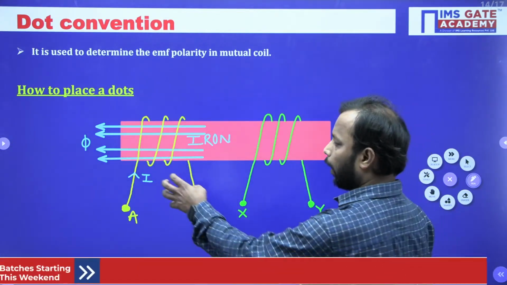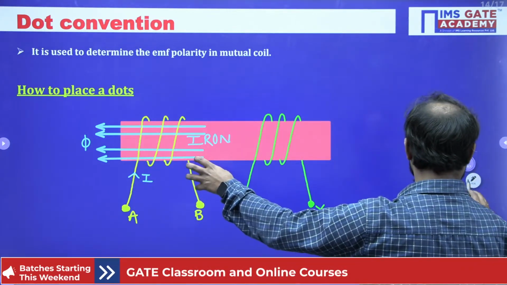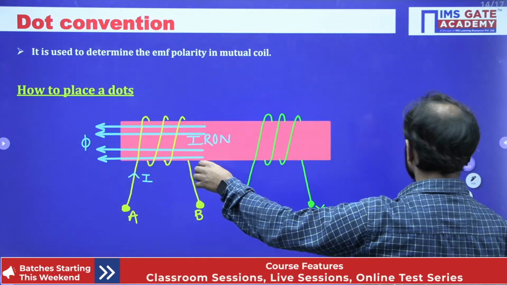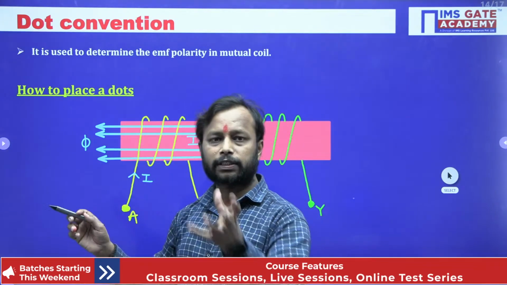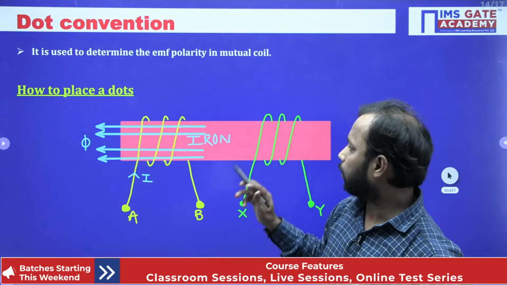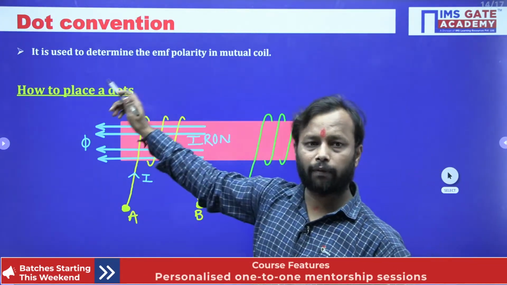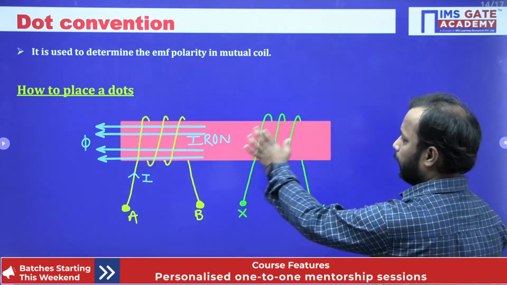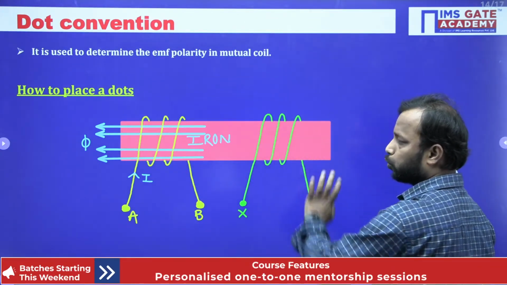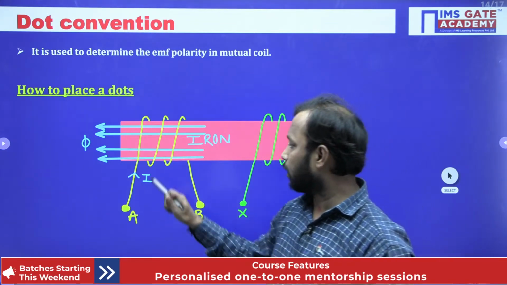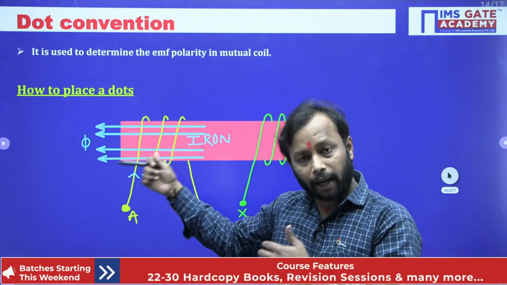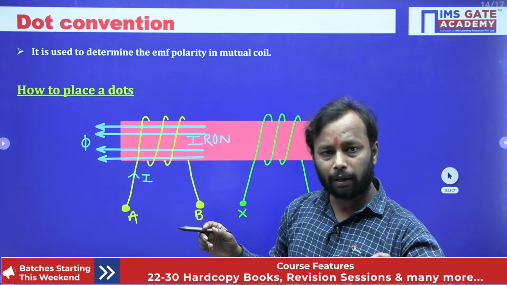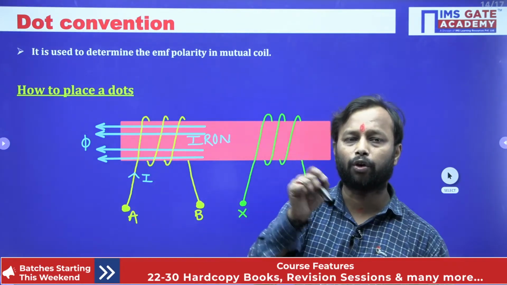Now we have to mark here one dot. For such a concept, wherever we need to place a dot in the secondary coil or the mutual coil, in the one winding where the current is given to us, we will be provided with a dot symbol.